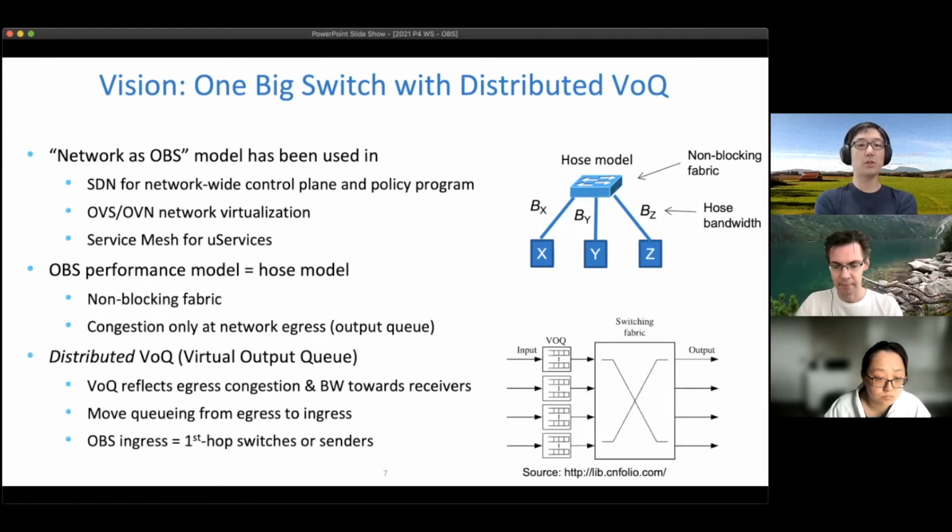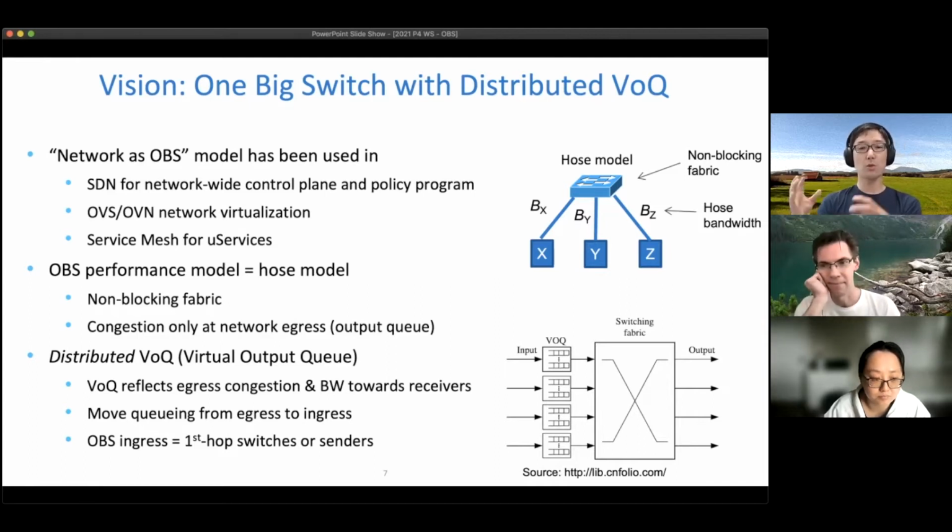And as Peter mentioned, there is also a pretty well-known concept of virtual output queue, which is a mechanism to push the location of queuing from the output queue to the input by having some signaling from the output to the input, so that the switch ingress can do the queuing at the input layer based on the information provided by the output.